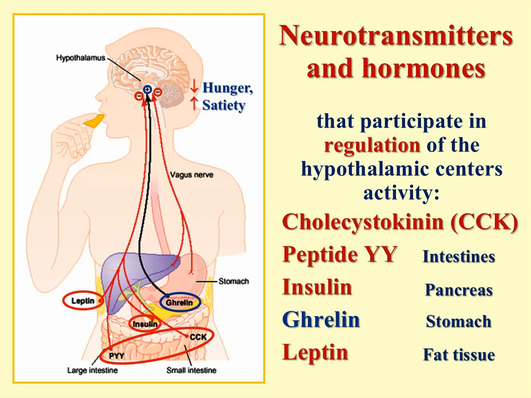Its long-term regulation looks as follows. The higher the fat deposition, the higher the leptin secretion, and it prevents further accumulation of fat by stimulating satiety and decreasing hunger center activity.